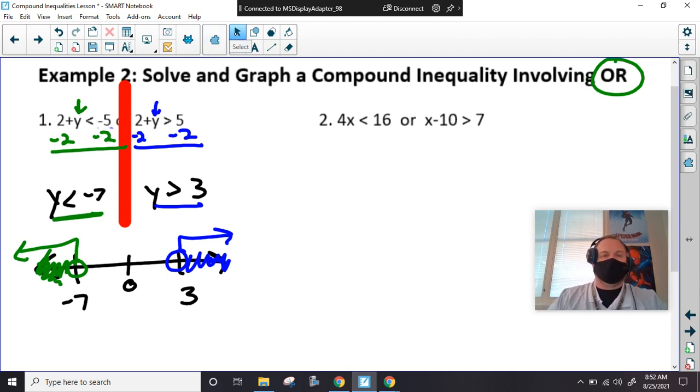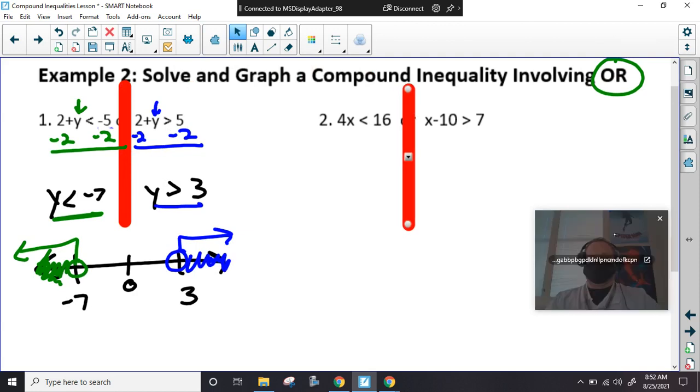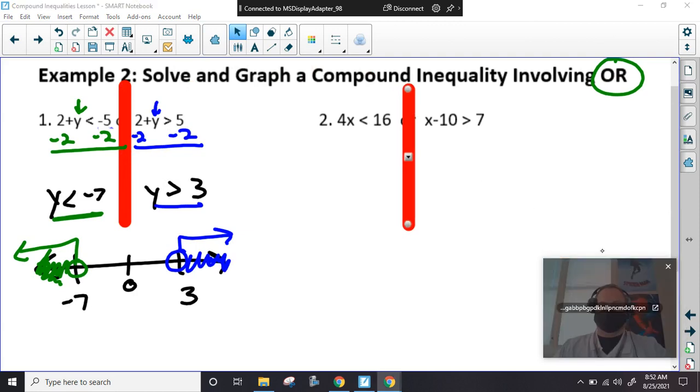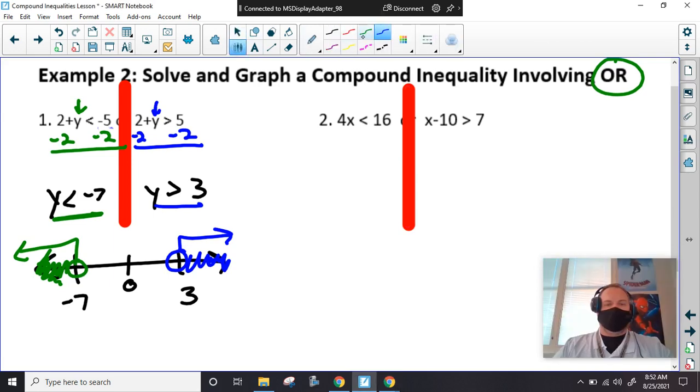All right. So let's look at this one. I'm going to do this one right here. I'm looking at the left-hand side. Now, what's being done to x?